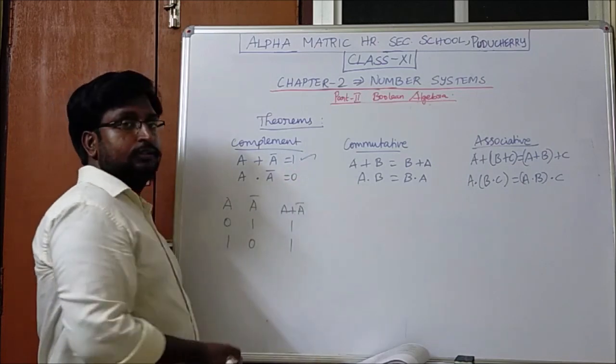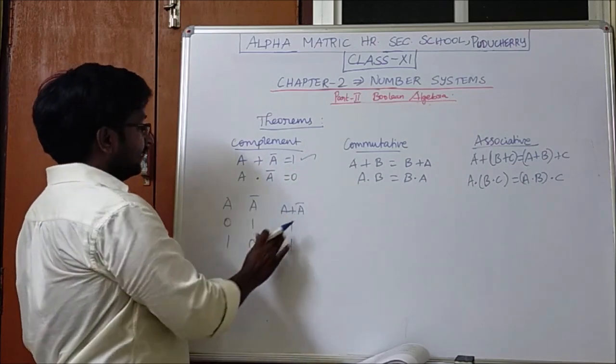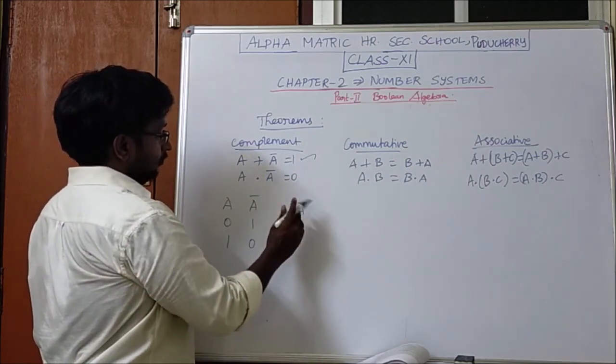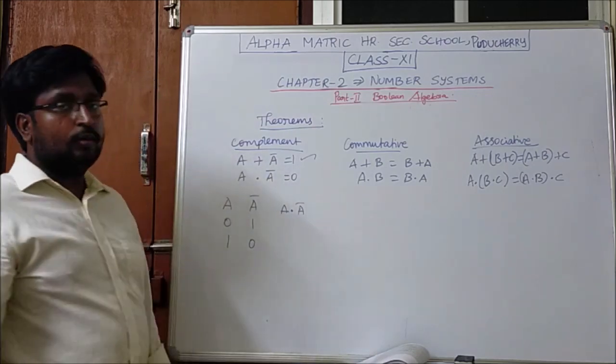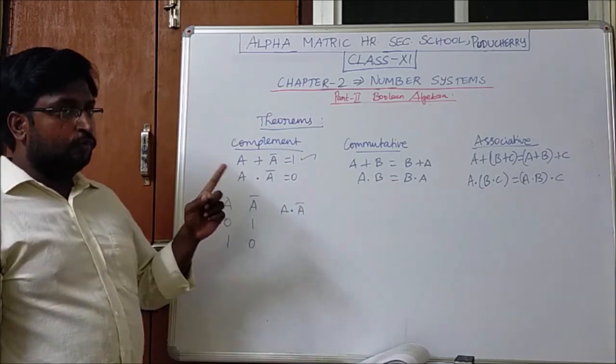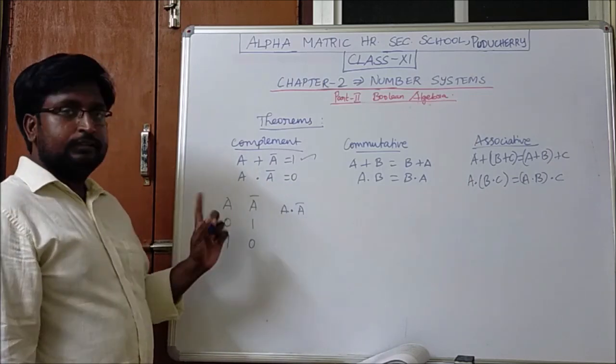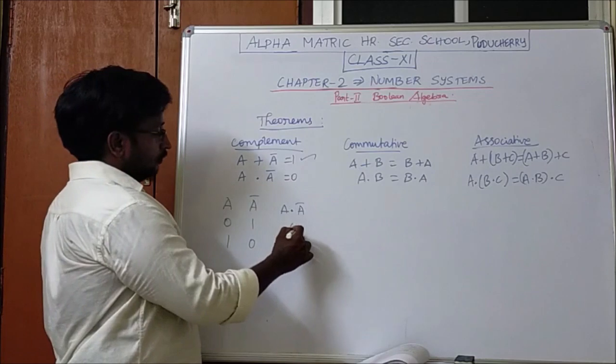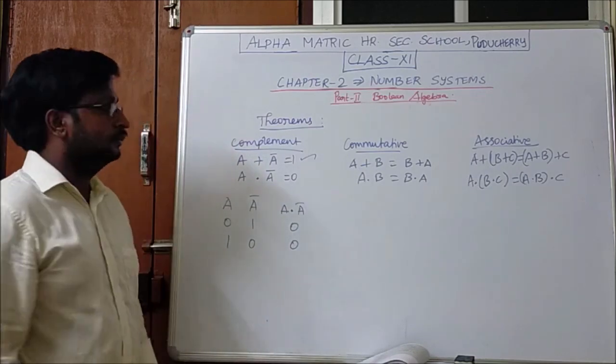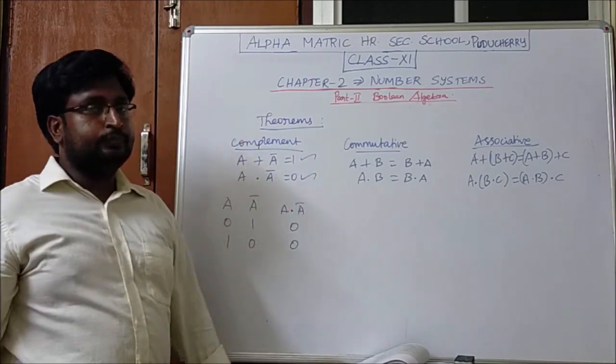So the first one is true. Next is the AND operator. Only if both the inputs are true will the result be true. Here in both the cases we have one false, so obviously both the results are false. So this one is also true.